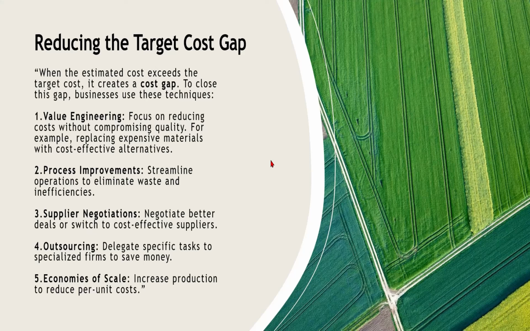One is value engineering. In this technique, a company focuses on reducing the cost without compromising the quality of the product, for example, replacing expensive material with cost-effective alternatives. Next we have process improvement, meaning streamlining operations to eliminate waste and inefficiency.